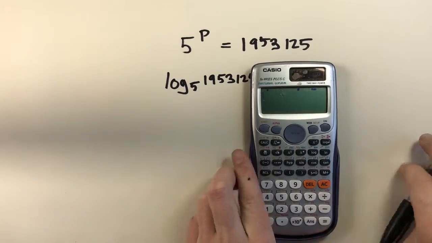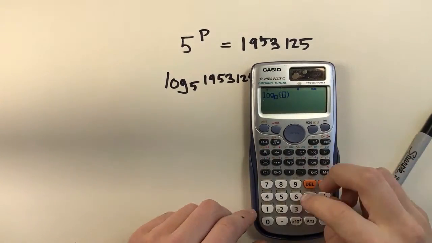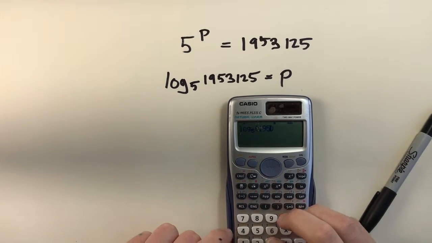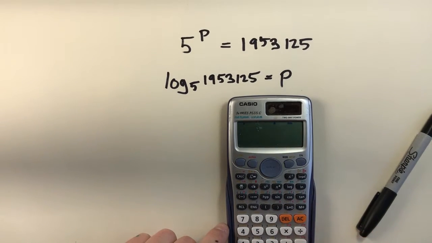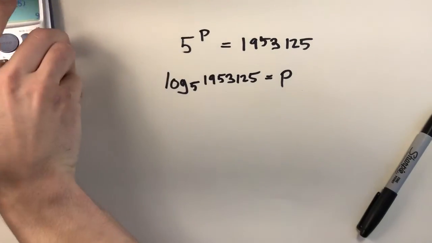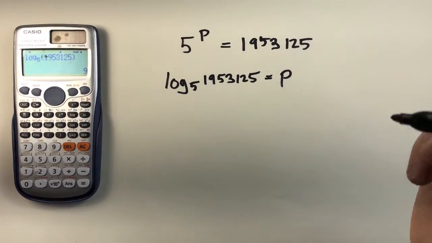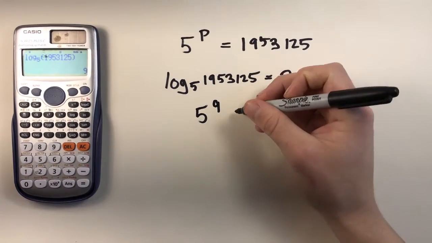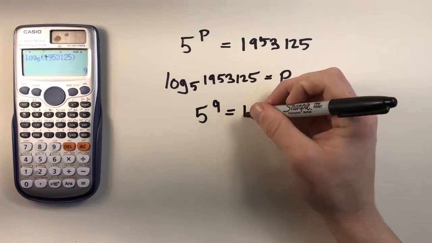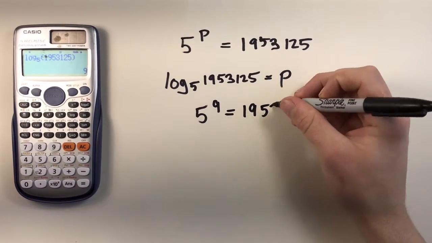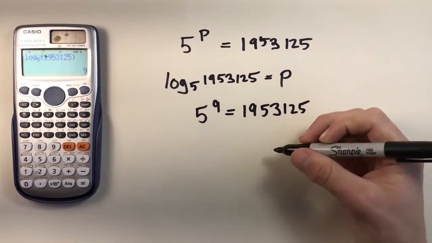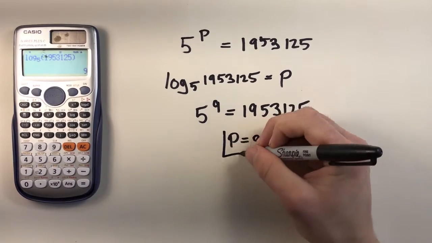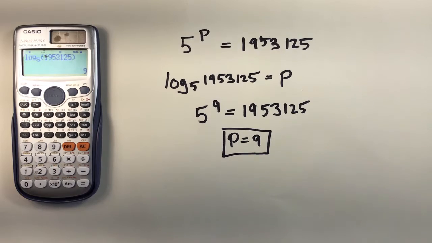Using our calculator, log base 5, 1,953,125, 9. So 5 to the power of 9 gives us 1,953,125. P equals 9. Look at that.